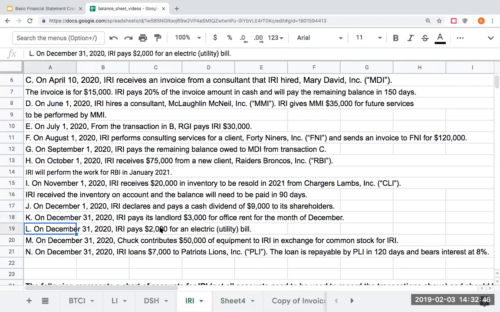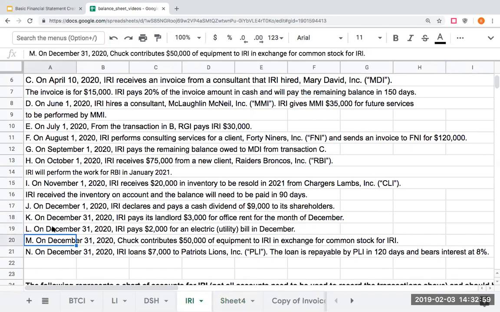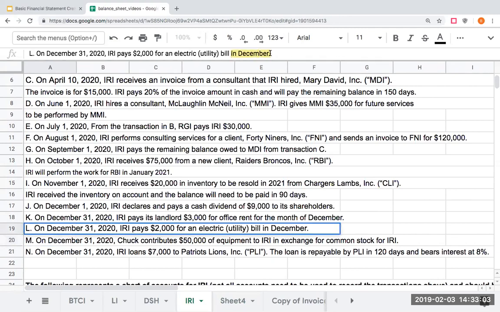Letter L, I pay for an electric utility bill for $2,000 in December.